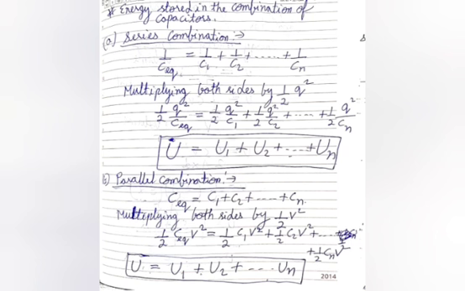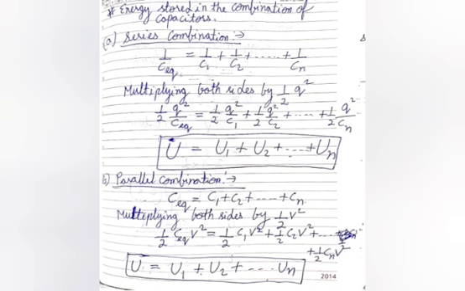Now let us start with parallel combination. In parallel combination the expression for equivalent capacitance is C equivalent is equal to C1 plus C2 plus and so on till Cn. What we'll do is multiply both sides by half V square. We get a new expression, half C equivalent V square is equal to half C1 V square plus half C2 V square and so on till half Cn V square.